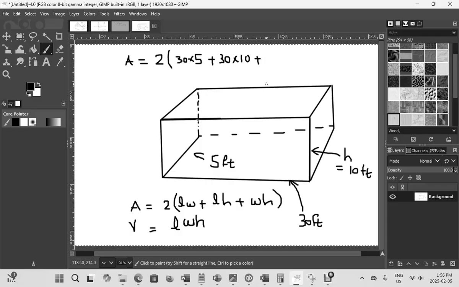So your width is 5 feet, so this will be 5 into height, which will be 10 feet as well.